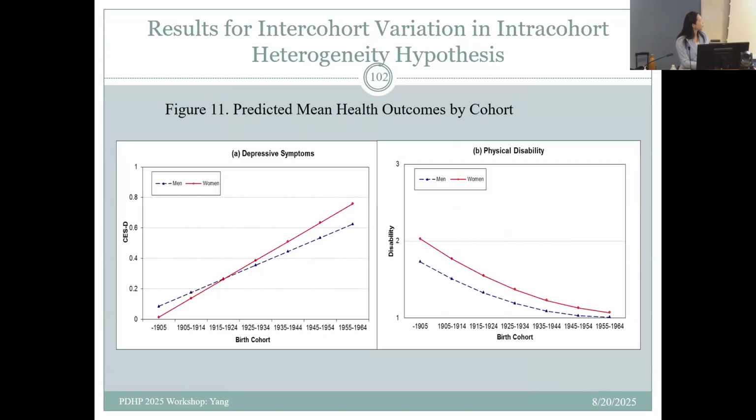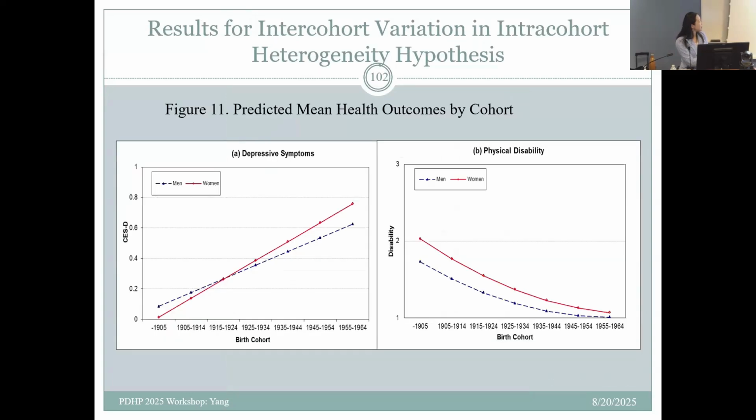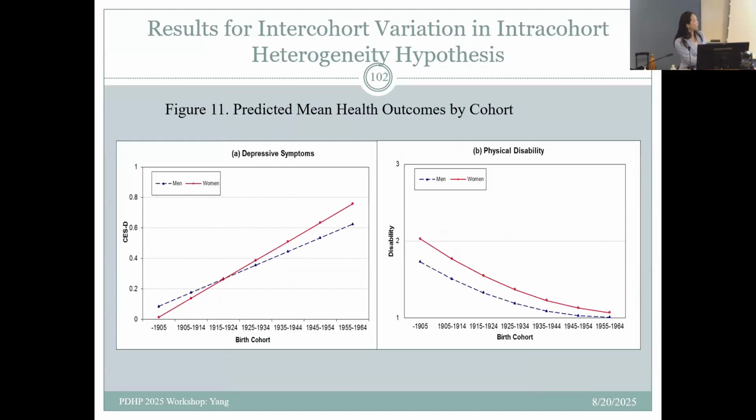So this is the predicted mean health outcomes across cohorts estimated by the model. On the left is the CESD outcome, on the right is disability. Because we did see sex and race differences that vary by cohort in the mean, this is what the graph correspondingly shows, where women in more recent cohorts suffer from higher mean levels of depression than men, and the gaps increase across cohorts.